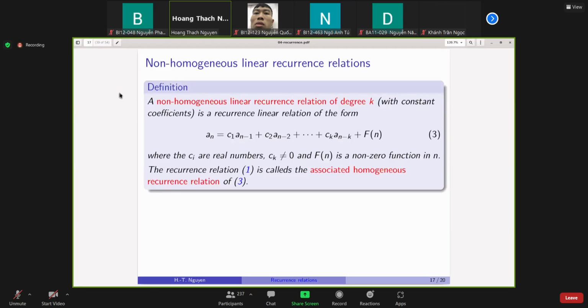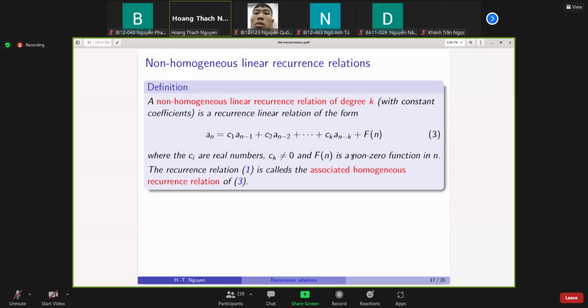As you have seen, when we talk about a non-homogeneous linear recurrence relation, the first part is similar to the homogeneous recurrence relation, but you have a non-homogeneous term here, which in general may be a constant or a function, but in general we assume that it is a non-zero function in n.